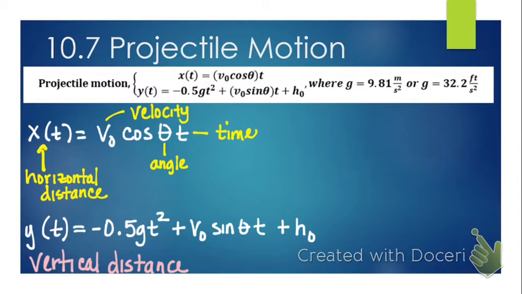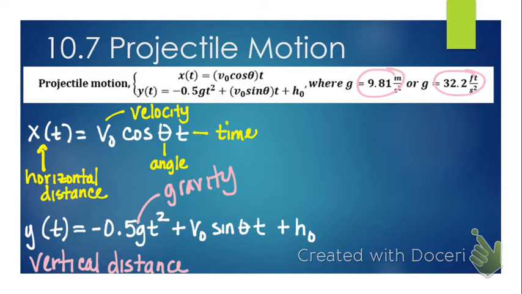There are two different values for gravity. So G is gravity. And the gravity you're going to use is one of these two. It's either going to be 9.81 or 32.2.